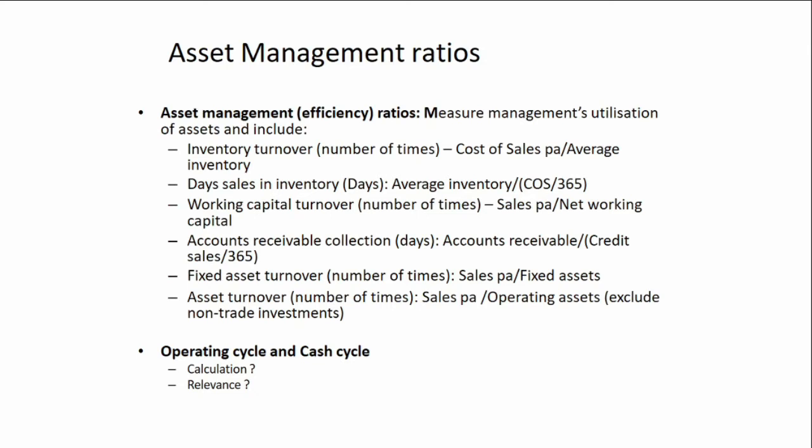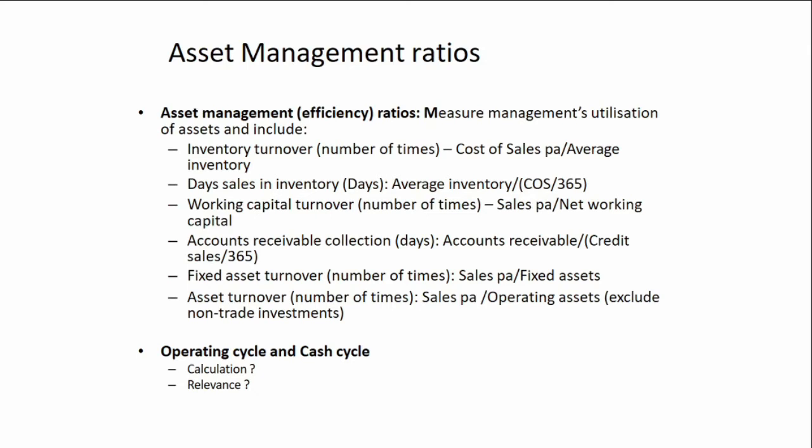Then we also need to consider things like our operating cycle and our cash cycle. How do you calculate these cycles? Well, our operating cycle is calculated by taking your inventory days plus our accounts receivable days. This cycle indicates the number of days a company takes in converting its inventories to cash.